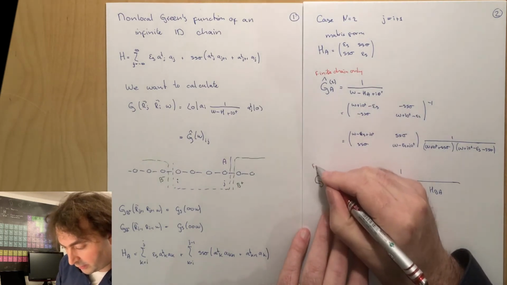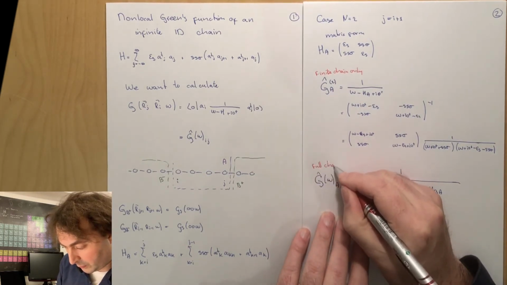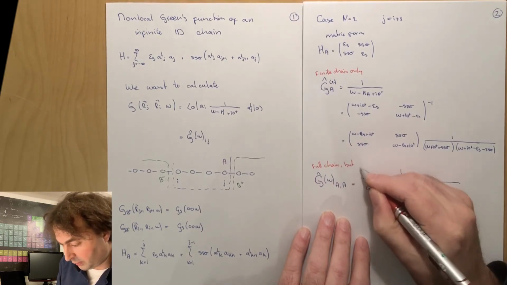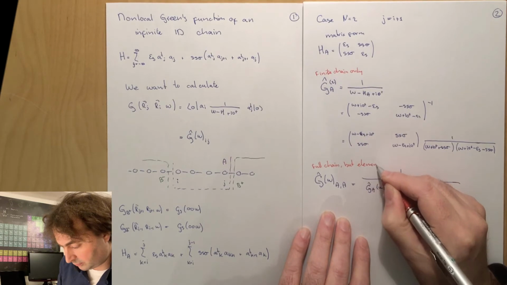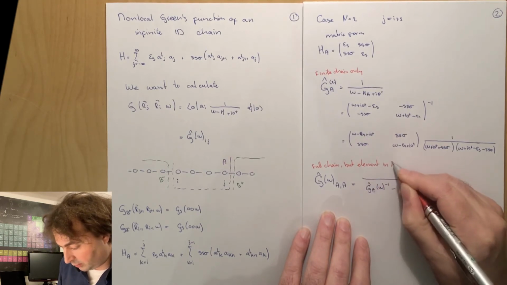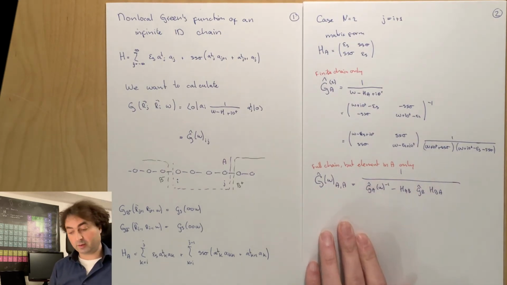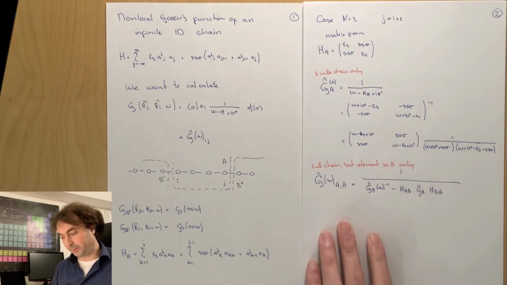The second is the Green's function of the full chain, but elements in A only. So out of this infinite by infinite matrix, you look at elements A.